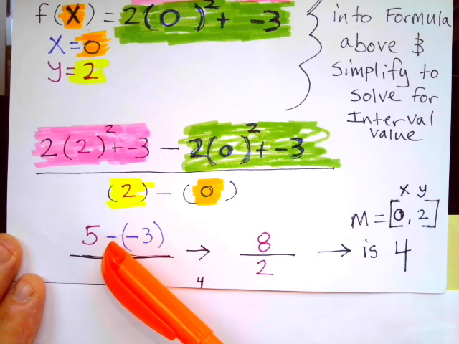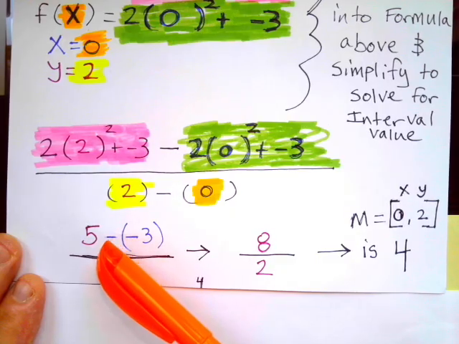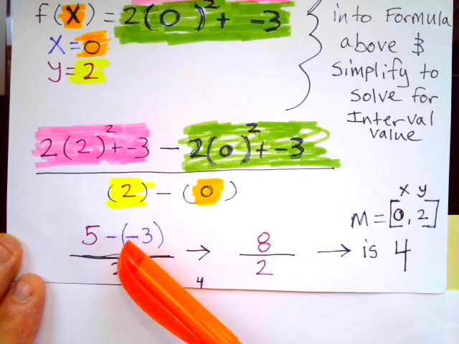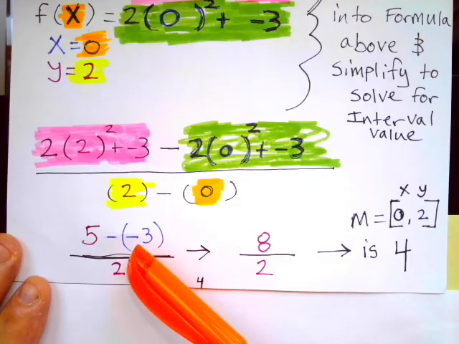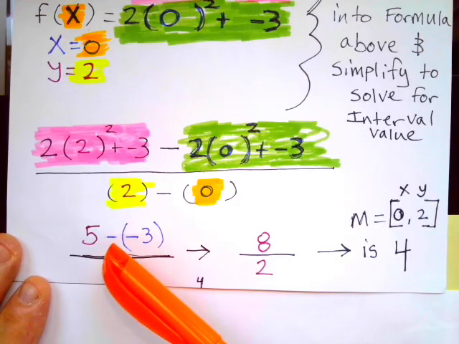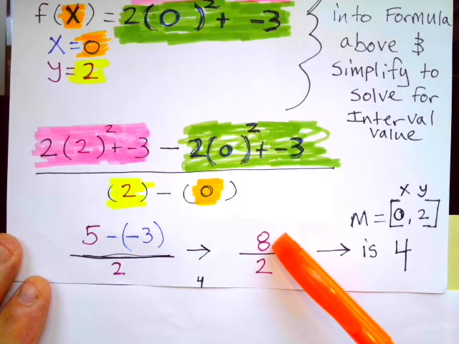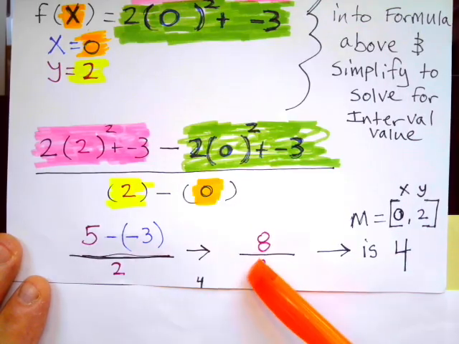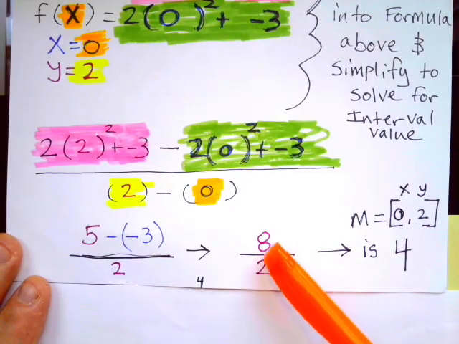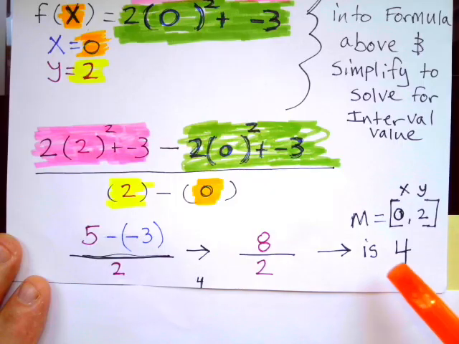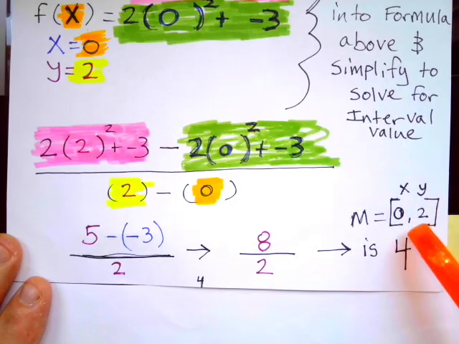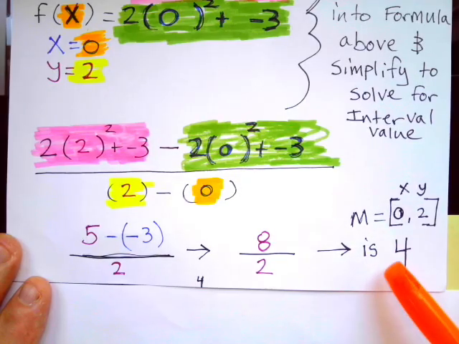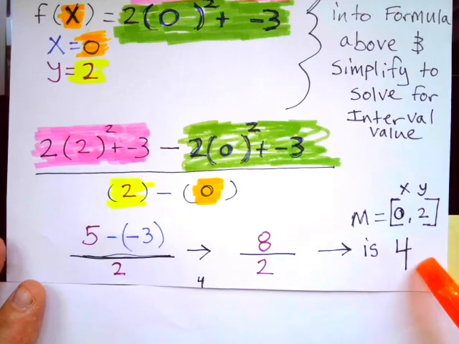Right where that subtracts, it's a negative 1. And I need to distribute, or multiply, negative 1 times a negative 3, which is a positive 3. So what's 5 plus 3? That's 8 divided by 2. What is 8 divided by 2? It's 4. So, given the m of 0 and 2 in brackets, the interval is 4.